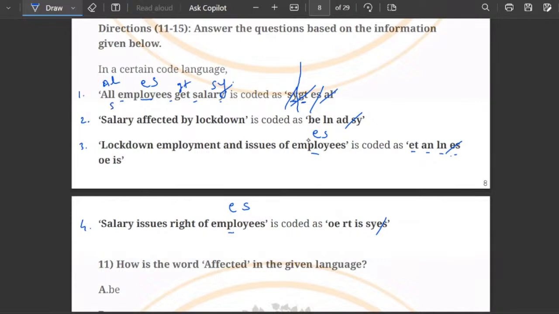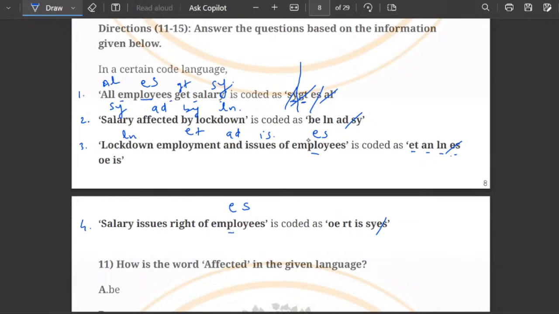Salary will be SY, affected will be AD, buy will be buy, lockdown will be LN. Lockdown again LN, employment will be ET, and will be AD, issues will be IS, off will be off. Okay.